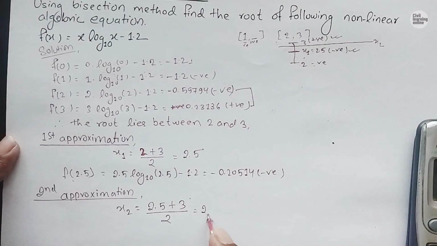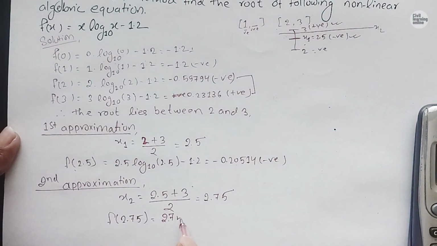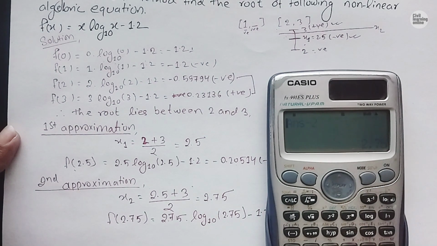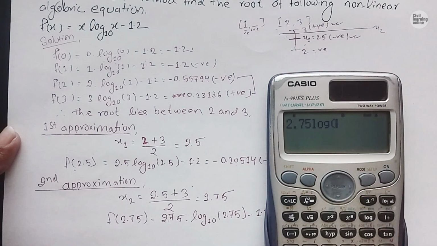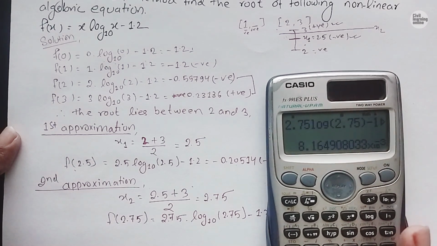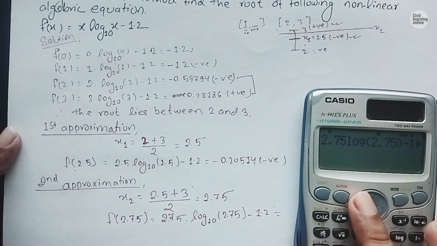Our x2 is 2.75. Now we will find f(2.75), which is 2.75 times log to the base 10 of 2.75 minus 1.2. You can solve this using the calculator: 2.75 times log 2.75 minus 1.2. I should put the multiplication sign here.